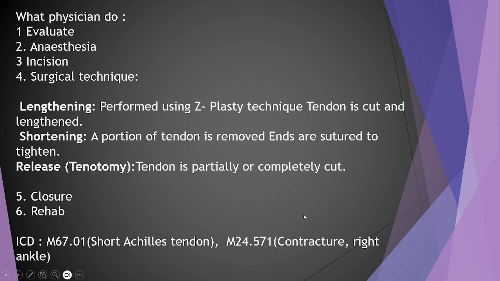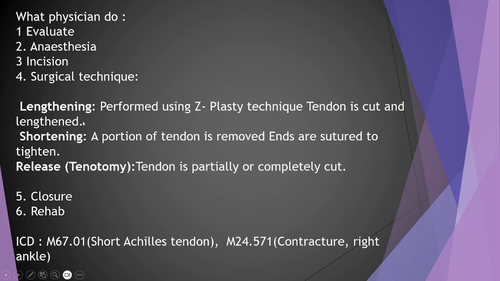What will the physician do? The physician will first evaluate the area. After that, the anesthesia is given, and the incision is made, and then the surgical technique like the tendon lengthening. Tendon lengthening is performed using a Z-plasty technique. The tendon is cut and lengthened. What is Z-plasty? The physician will cut the tendon and make that tendon in a Z position.